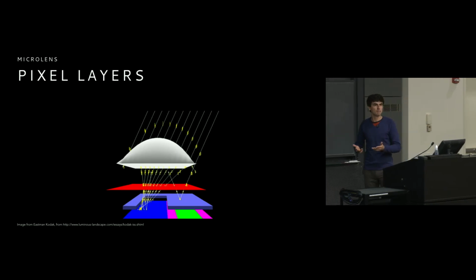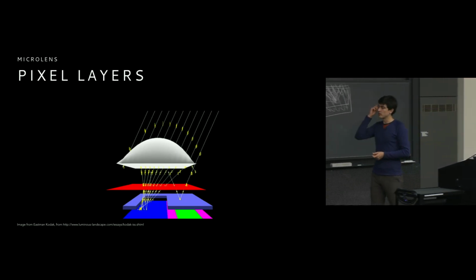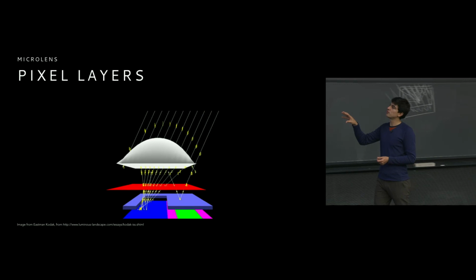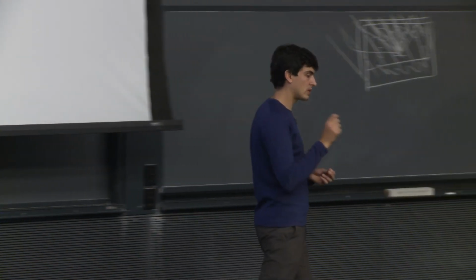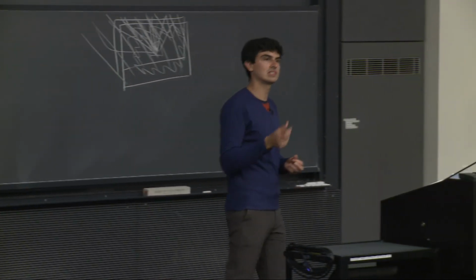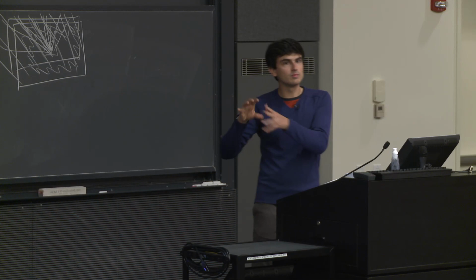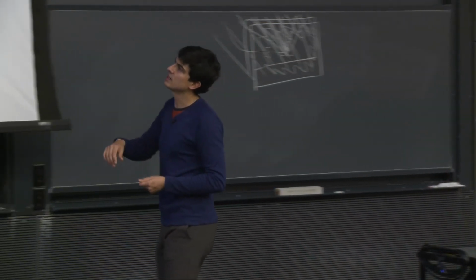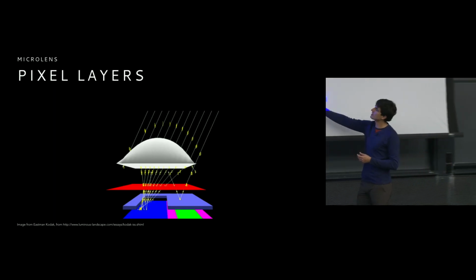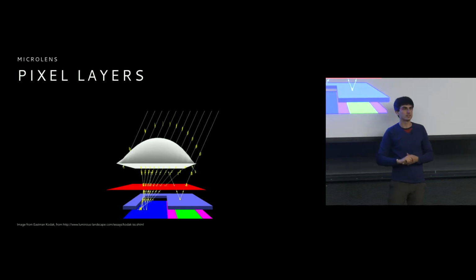It's a big win. And this is where a lot of the improvements in digital cameras have come in recent years, is that the manufacturing techniques to create these micro lenses have improved to such a degree that the electronics themselves have not had to change that much to really improve the light gathering capability of sensors.